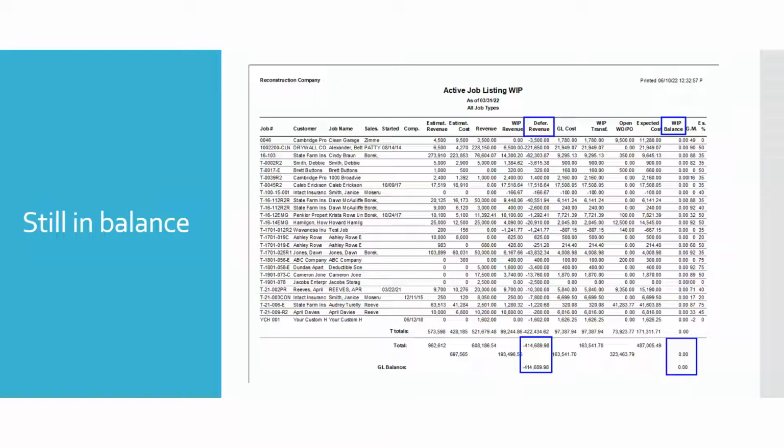Here we are once again comparing the totals of this report to the general ledger balance. As you can see, we are in balance yet again. Since we have processed WIP, our WIP balance column now shows 0. 0 for the report and 0 for the general ledger.